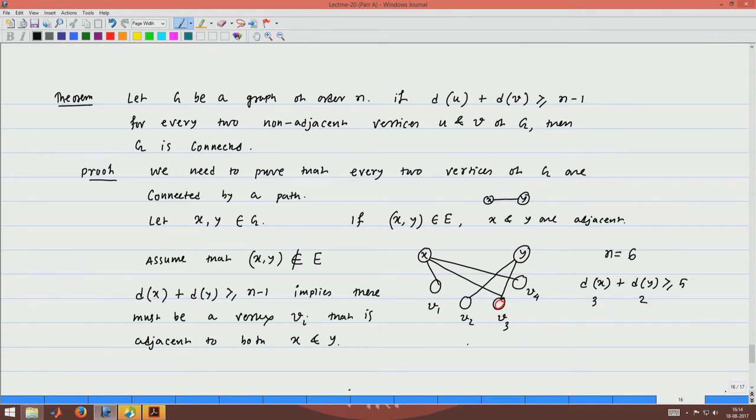And another way of understanding this fact is the pigeonhole principle.